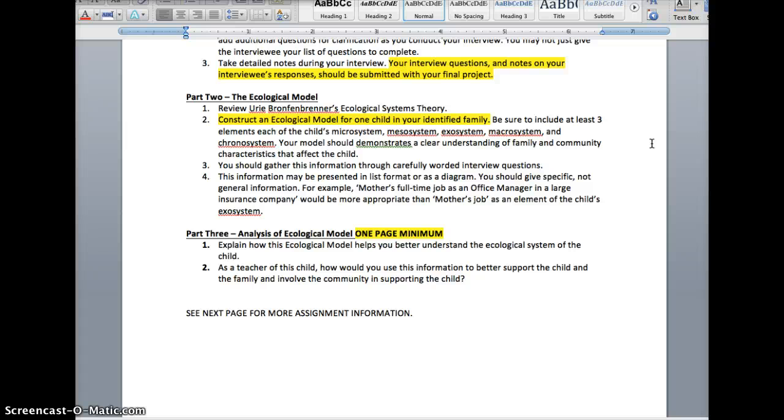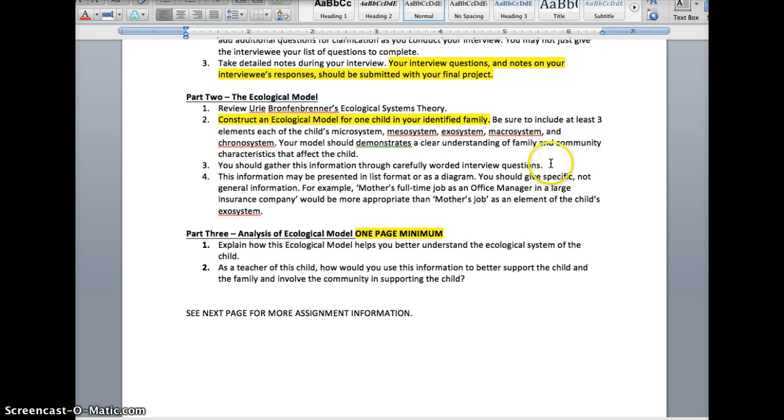Remember, this model is just for one particular child. Please include a fair amount of detail here. Don't just say mom's job. For example, you would say mom's full-time job as an instructor at a community college.